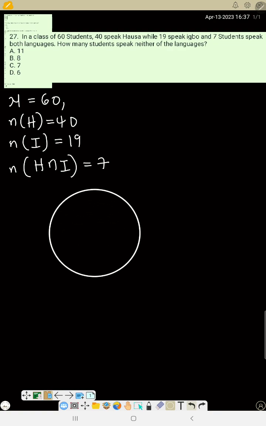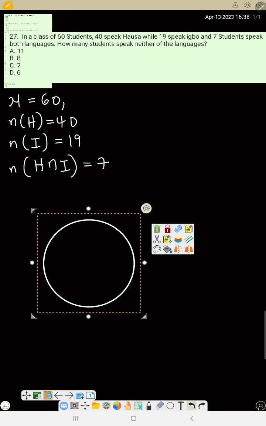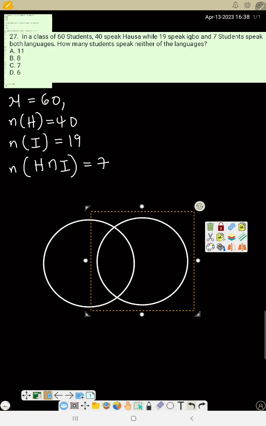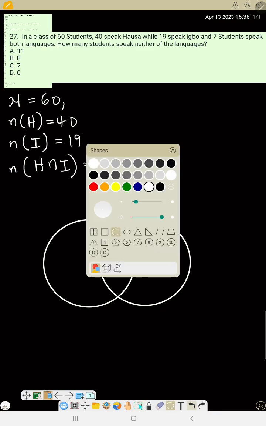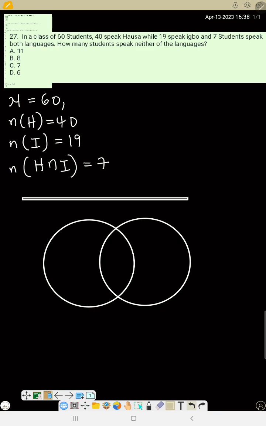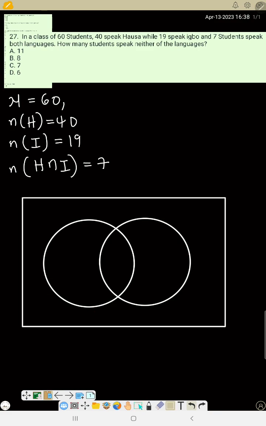So we have 2 circles. Neither means none. So yeah, universal is 60. So Hausa 40, Igbo 19, and 7 speak both.